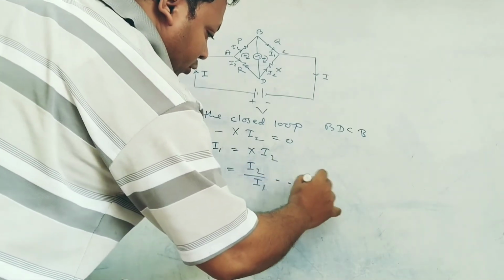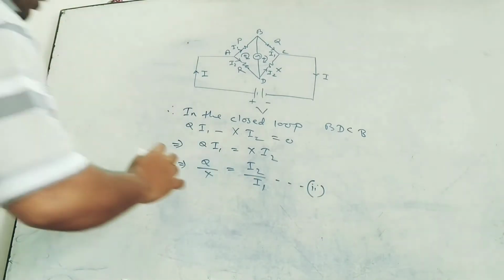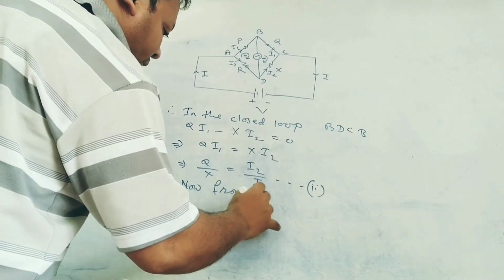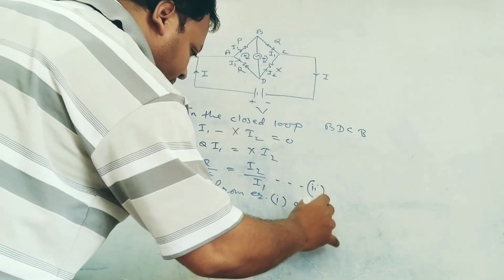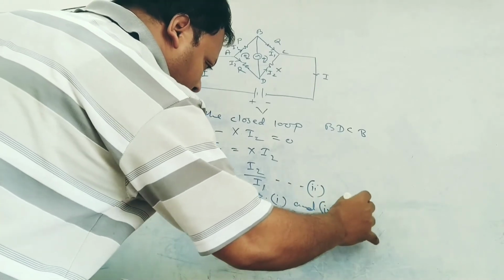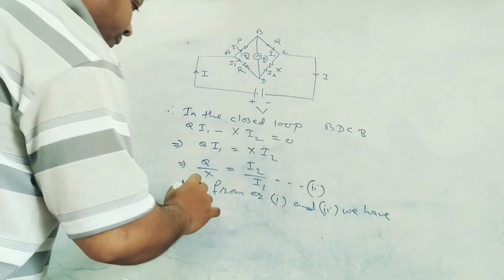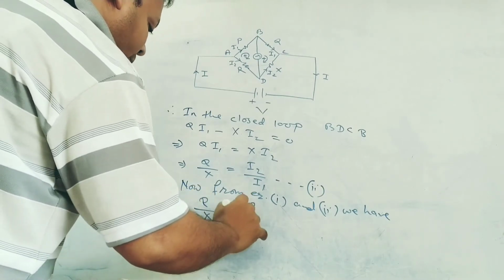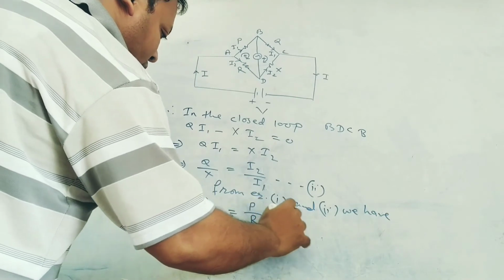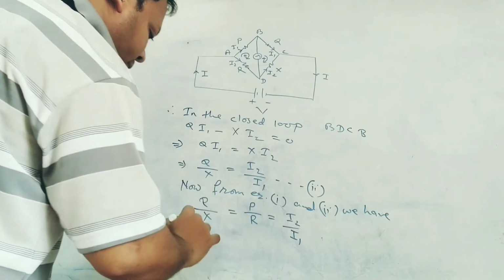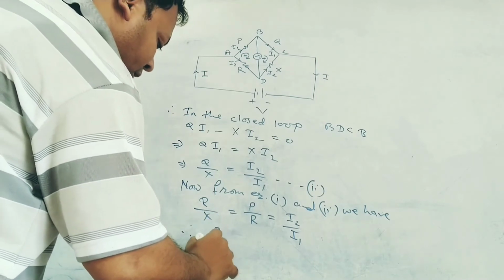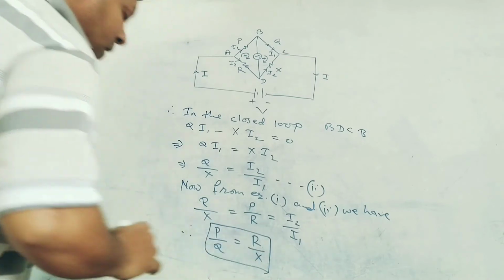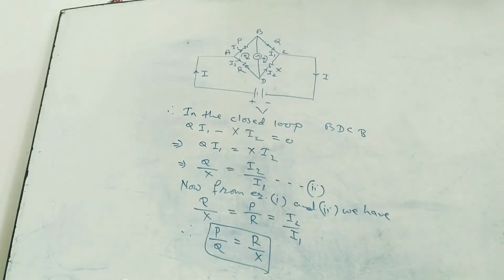Equation number 2. Now, from equations 1 and 2, we have Q by X is equal to P by R is equal to I2 by I1. Therefore, P by Q is equal to R by X. This is our required condition.